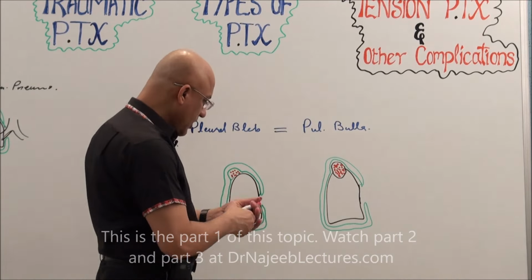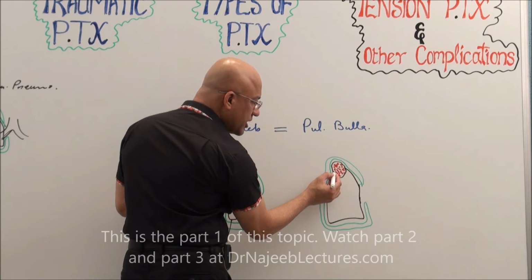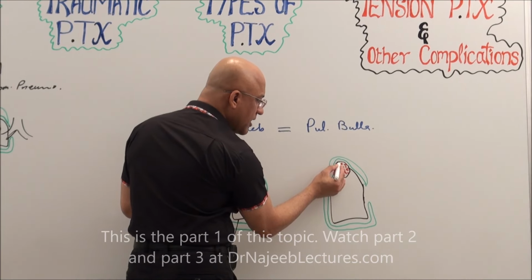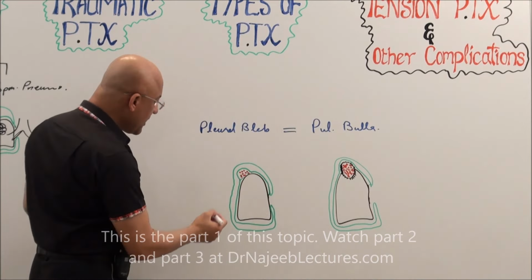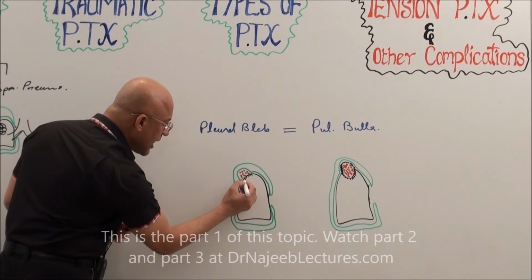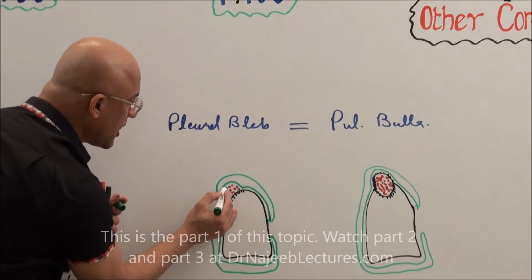Here, actually, this air bubble is surrounded on all sides by the lung parenchyma, right? Here, on one side there is lung parenchyma, and on the other side there is visceral pleura.